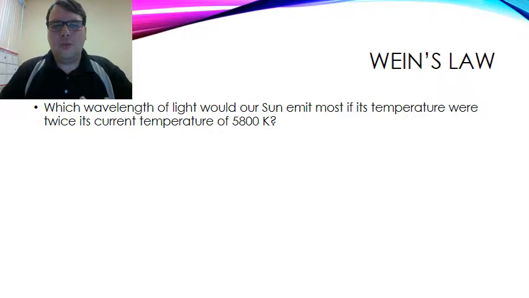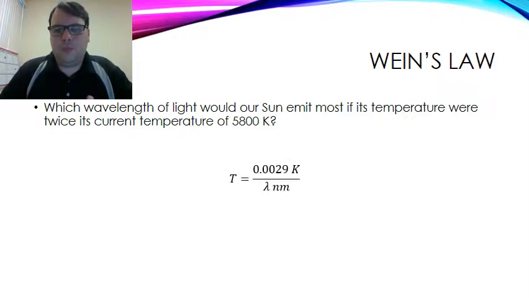Okay, so which wavelength of light would our Sun emit most if its temperature were twice its current temperature of 5,800 Kelvin? If we use Wien's law, we can say that temperature is going to be equal to this 0.0029 Kelvin conversion divided by the peak wavelength, lambda, in nanometers.